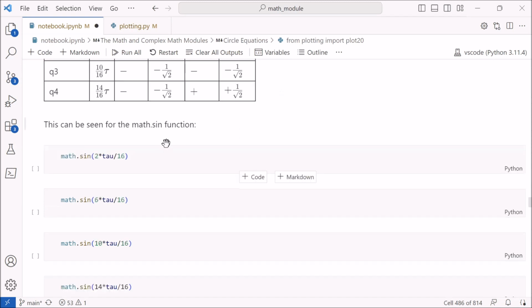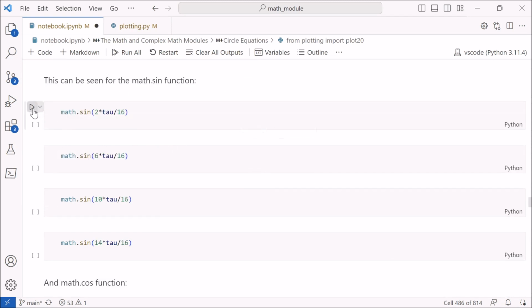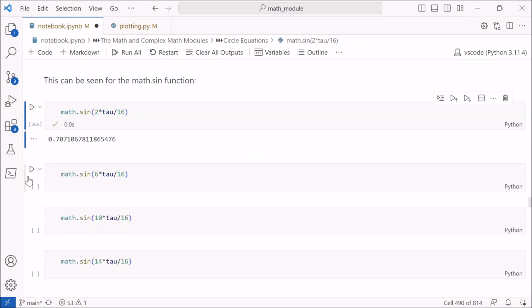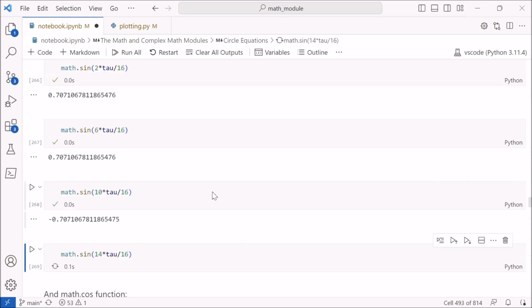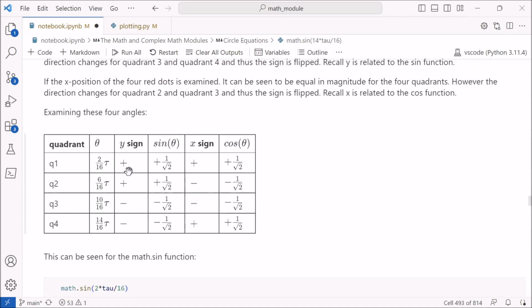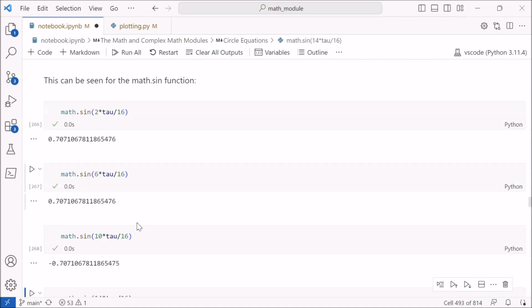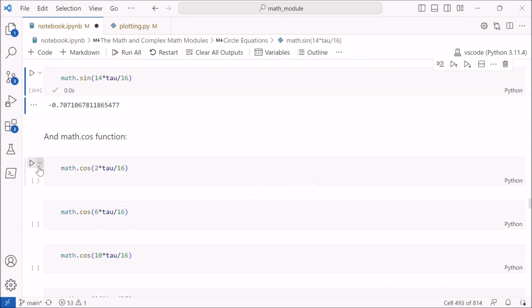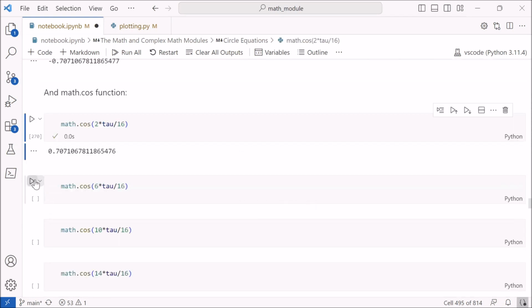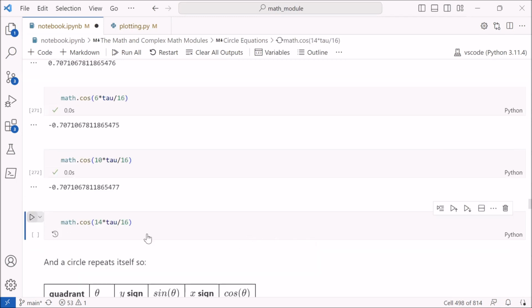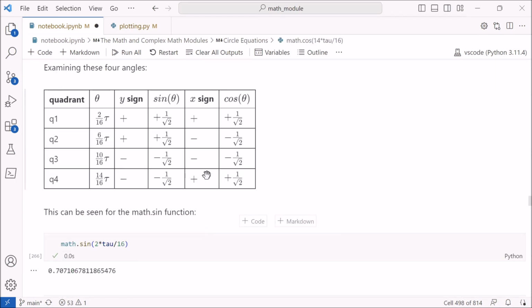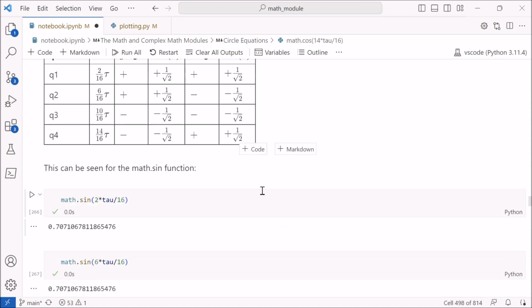If we have a look at the math.sine function, we can see we've got positive, positive, negative, negative. So plus, plus, minus, minus. And if we have a look at the cos, we've got positive, negative, negative, positive. Exactly as outlined here.